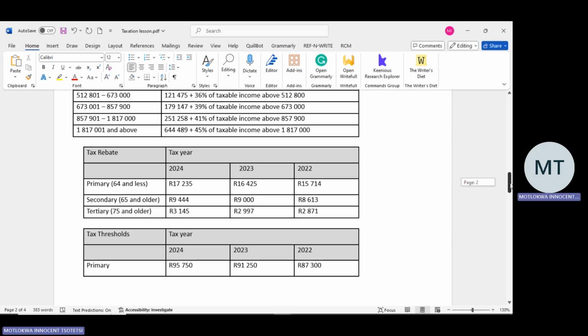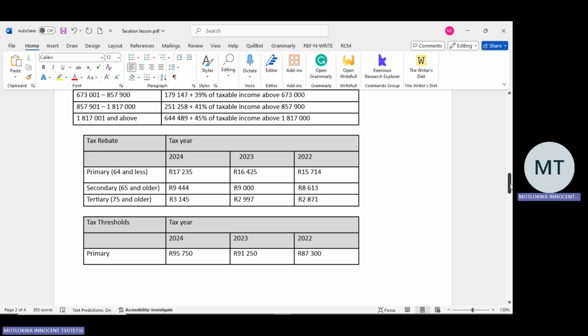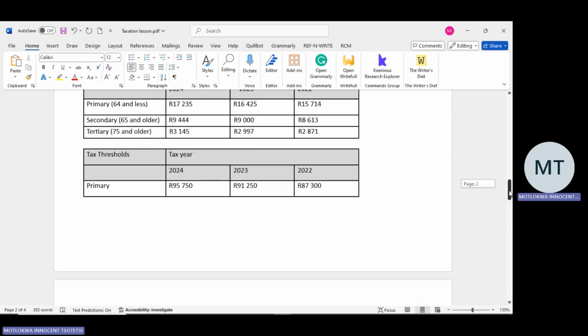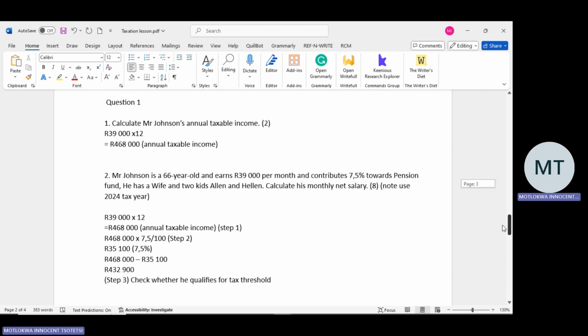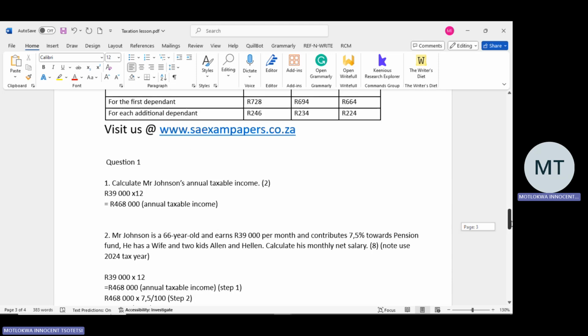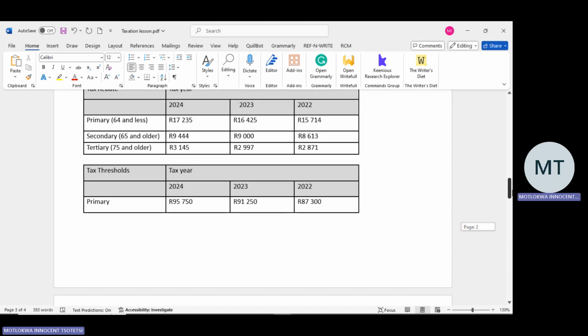But we are going to check the amount. The amount says 95,750, and remember that Mr. Johnson's amount is 432,900, as I've written there. It means he qualifies for primary, and since he's 66, he qualifies for primary and secondary. Under tax threshold, we are checking the years and also the amounts.